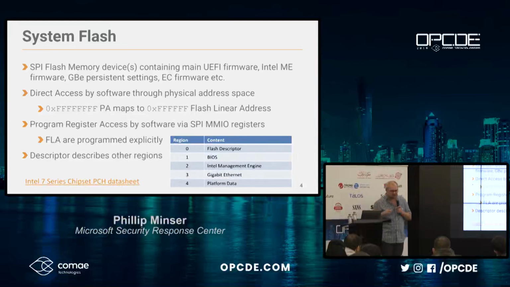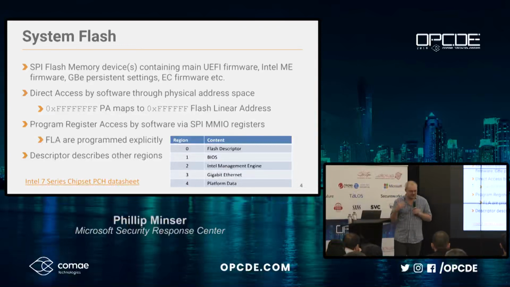There is also the GBE region, the Gigabit Ethernet controller configuration. And there can be a couple more, even an embedded controller region. Some of these regions may have different protections. For example, the BIOS region should have a special protection, called the BIOS control register protection, which is supposed to mitigate attacks from direct access to this region.